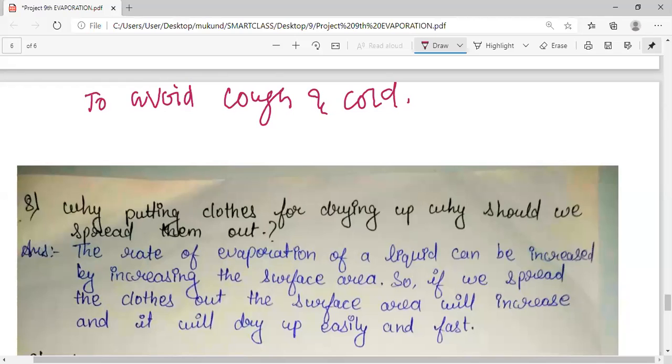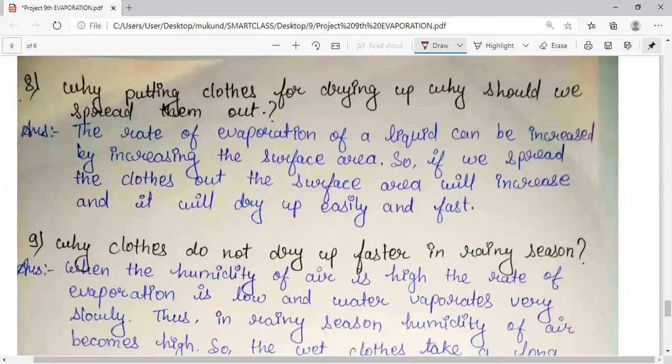Why do we put clothes out for drying? Why should we spread them out? When we want to dry our clothes, opening them, we spread them. The rate of evaporation of a liquid can be increased by increasing the surface area.